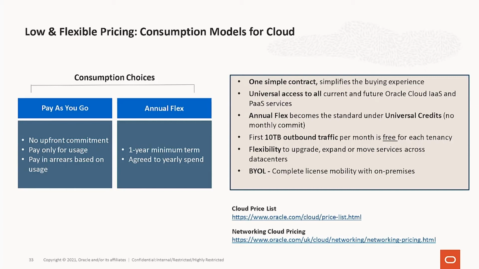Universal credit means that you don't need to know in advance if you will deploy maybe compute or storage or maybe serverless or cloud native resources, because you can use the universal credit to buy all the resources across OCI. You can also use your own licenses by implementing the bring your own license model.